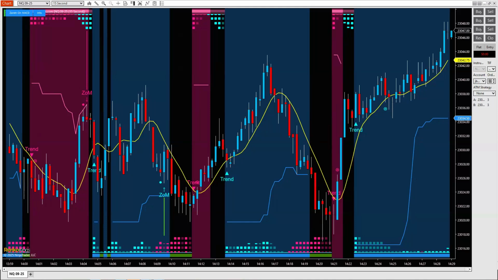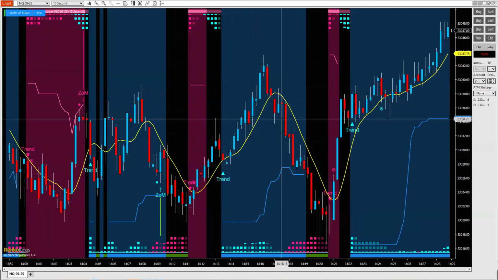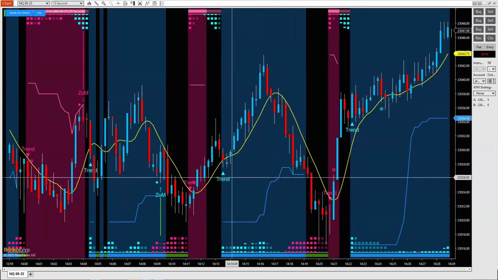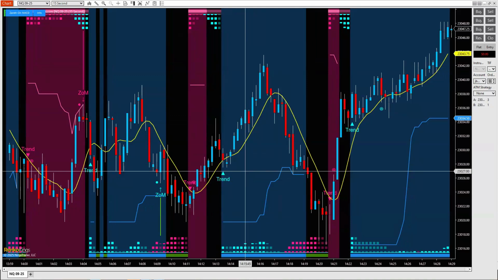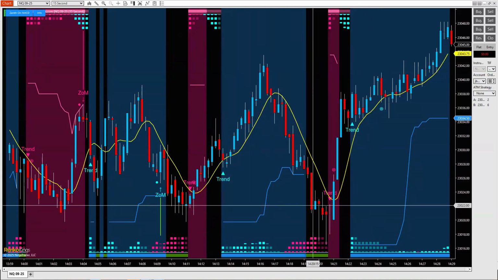If you could tell me the time, Raj, because I'm not sure which signal you mean. It would only print MACD signals in the direction of the trend. So if the trend is bullish and there was a qualified MACD signal, it would only be a long MACD signal. It would not be a short MACD signal until the trend changes, right?